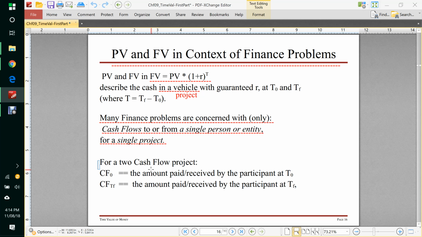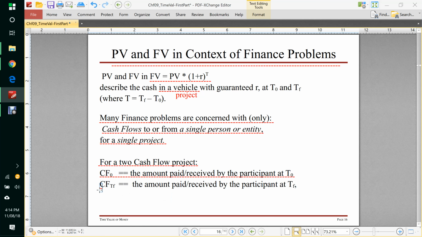For a two cash flow project, we'll get a little terminology here, and we'll say CF0, standing for cash flow zero, is the amount paid or received by the single participant we're focused on at time t=0.